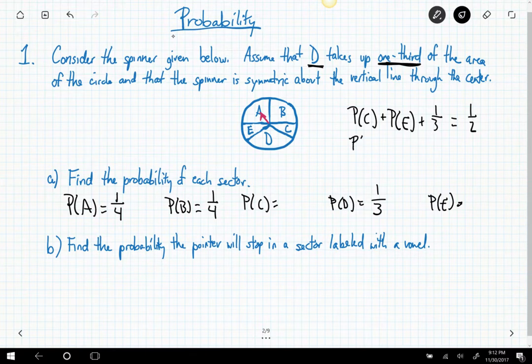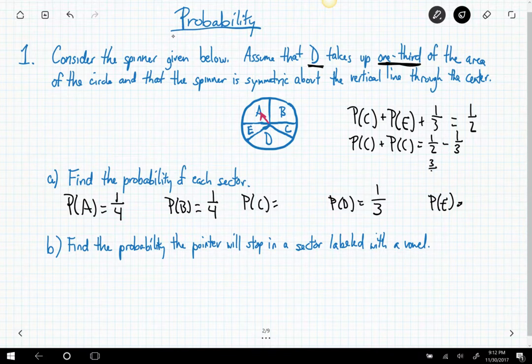So notice the probability of C plus the probability of E, notice those are supposed to be equal and symmetric there. So we have, this is essentially probability of C plus probability of C equals, when you subtract the 1/3 from both sides, you get 1/2 minus 1/3. You can get a common denominator.